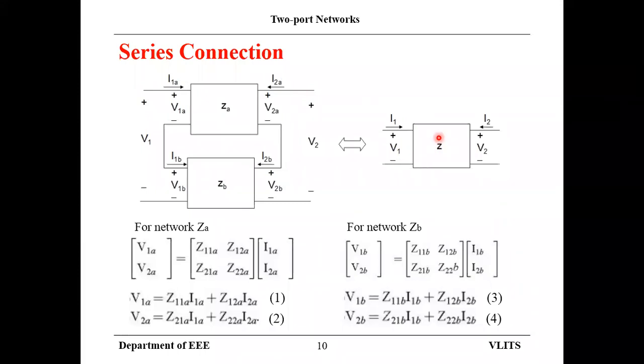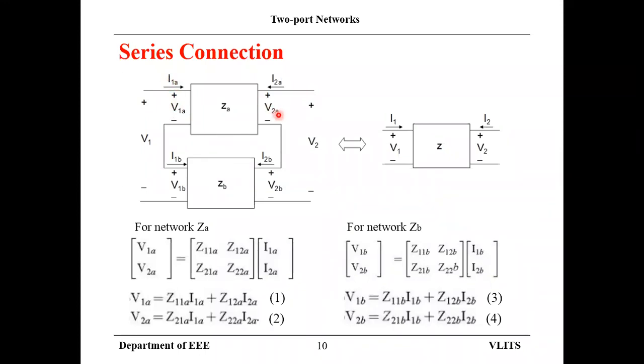Then this is the resultant network for the series connection. Here we are going to find the resultant network parameters, that is Z, in terms of the network parameters of two-port network 1 and two-port network 2. Let me consider the first two-port network, ZA. The input voltage is V1A and the input current is I1A.